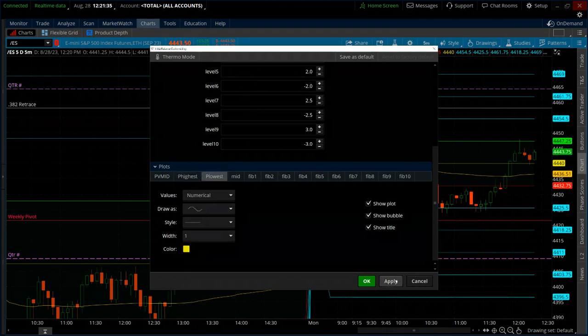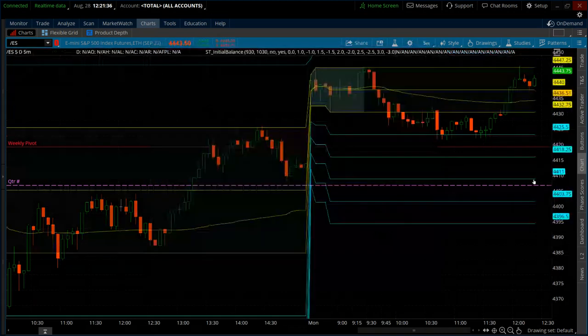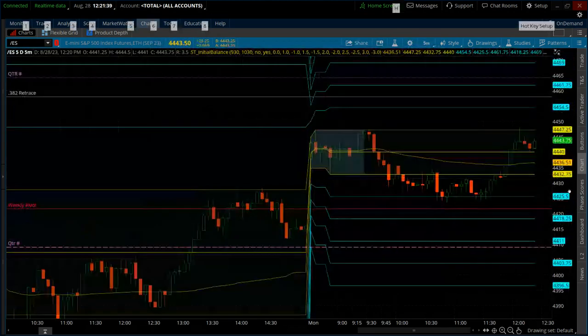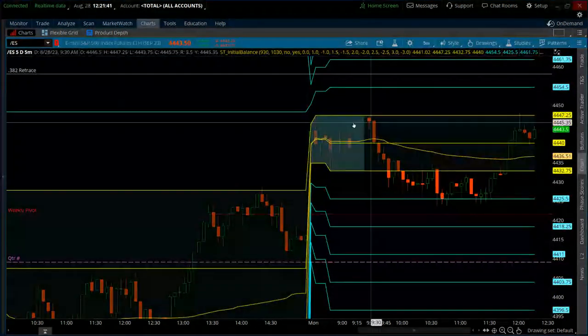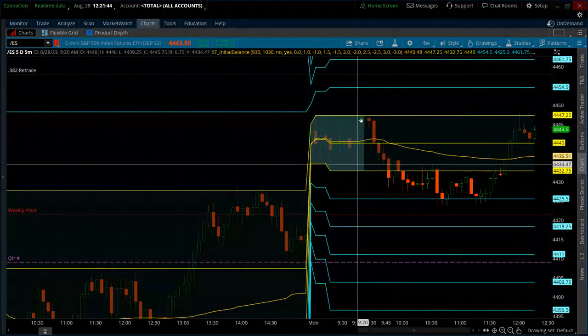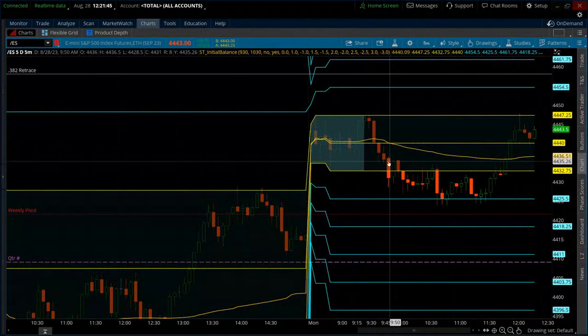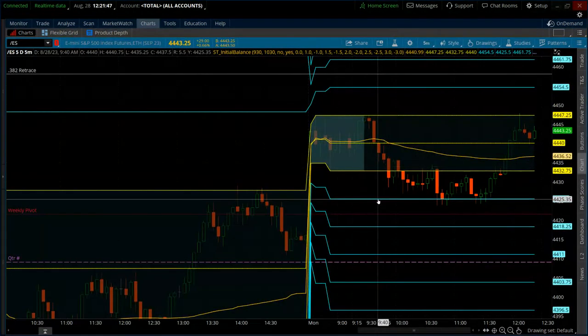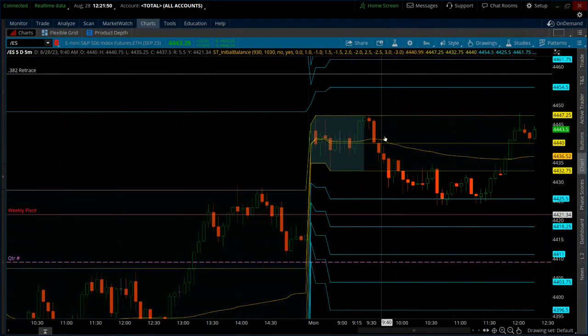The rest of these I'm going to leave alone for now. I've changed the color so that I can make a point: inside the yellow range is the first hour of trade. From there, the extensions are computed mathematically.